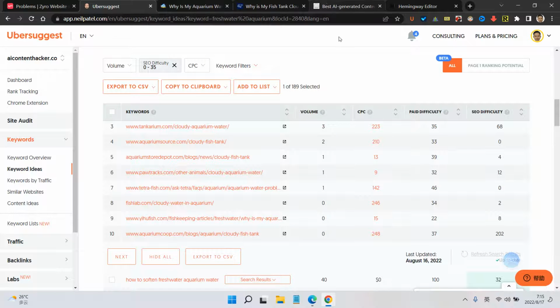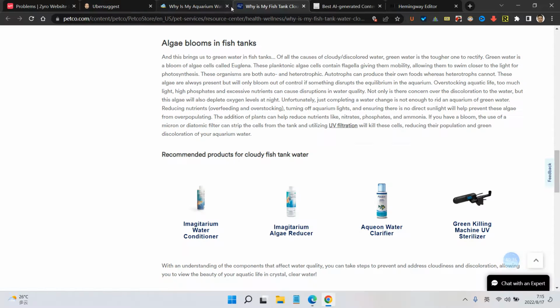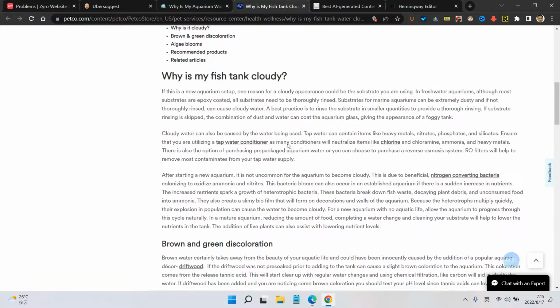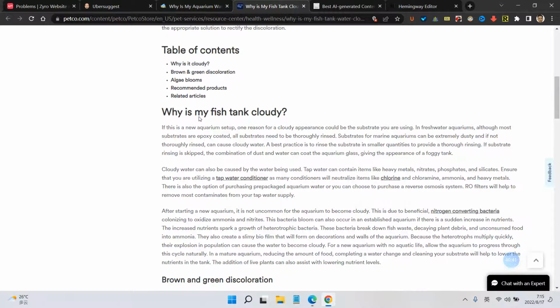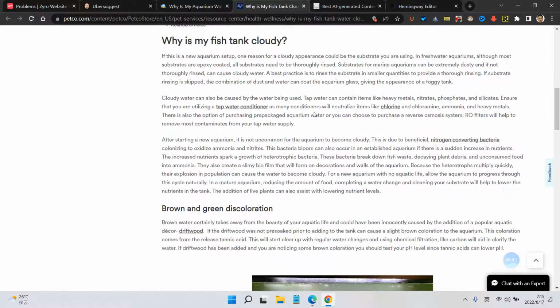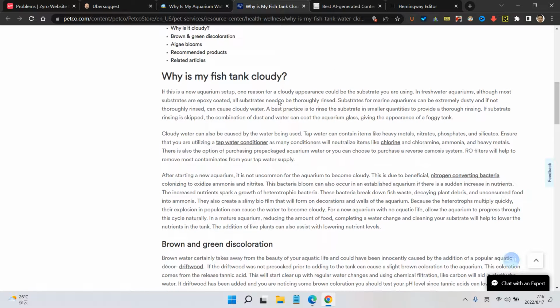All right. If we are going to add more content and more details for this one, so why is the fish tank cloudy? Maybe we can make this one clearer, add outer links, and we can see some examples.